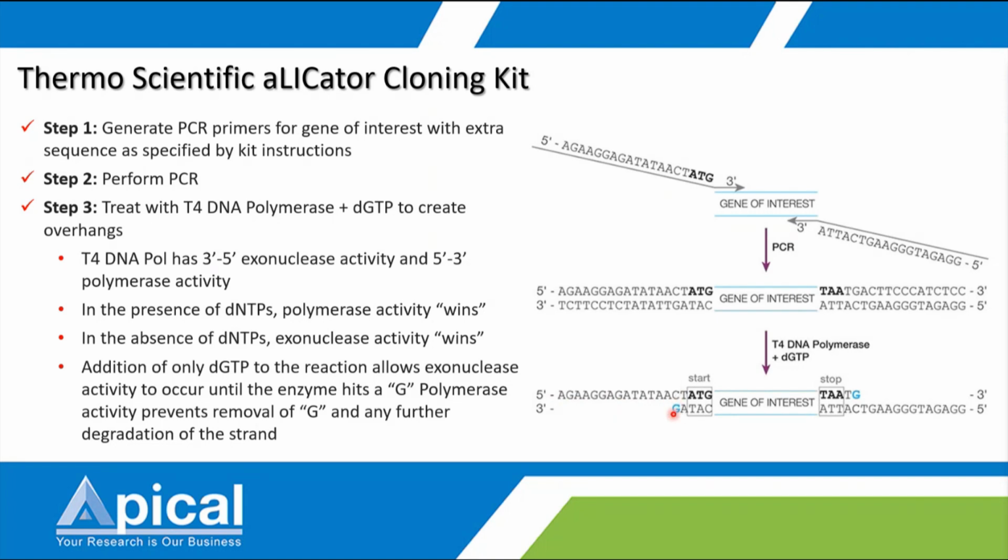When it reaches this point, because dGTP is present, it will have polymerase activity and add in this G. With this, it will stop the chewing of the sequence here, and you will have the overhang in your PCR product.